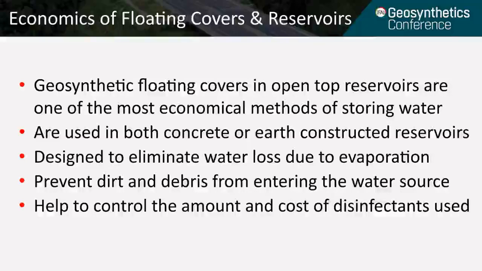Geosynthetic floating covers and open-top reservoirs are known to be one of the most economical methods of storing large quantities of water. They're used commonly in both concrete and earth-constructed reservoirs, and they're designed to eliminate water loss due to evaporation. They prevent dirt and debris from contaminating the water source, and they help to control the amount and cost of disinfectant used in water treatment.